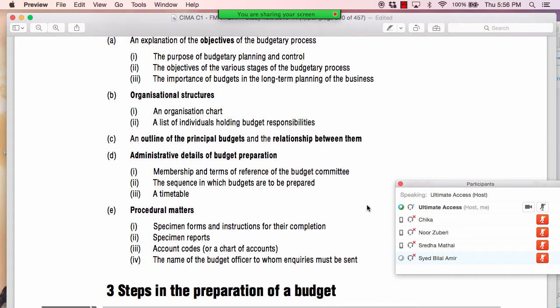It's electronic. So you can send a communication to this person saying, hey, listen, I don't understand this. How does it work? And the budget officer may contact you and help you in how to manage it, right? And as I said, the key thing here is to remember finance plays a facilitation role.